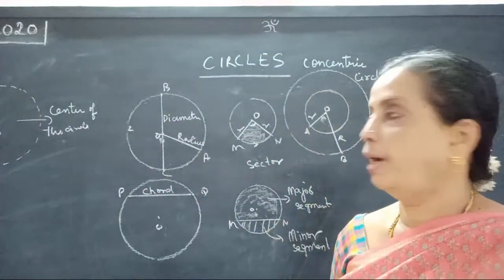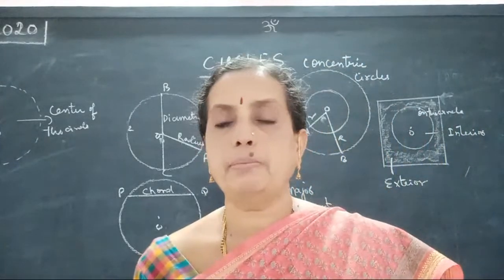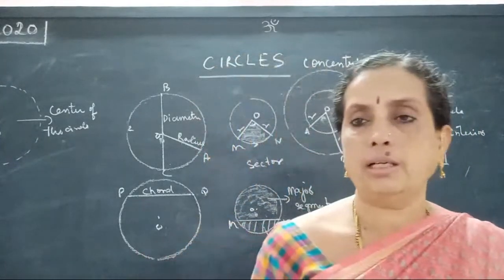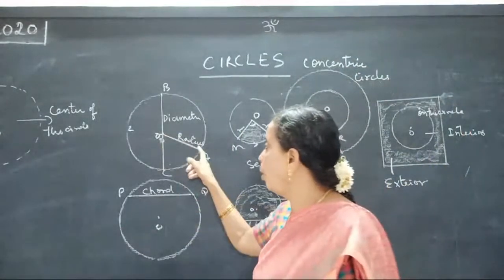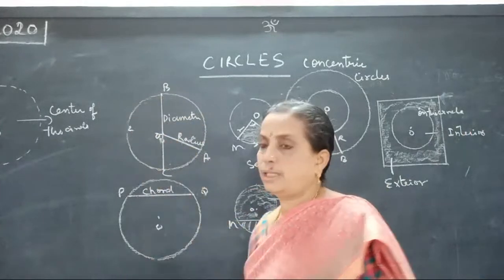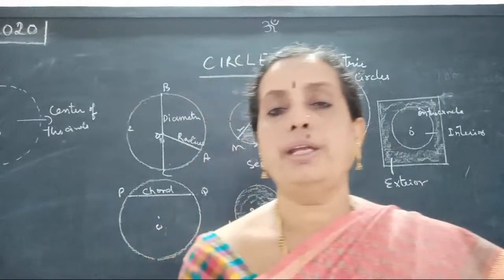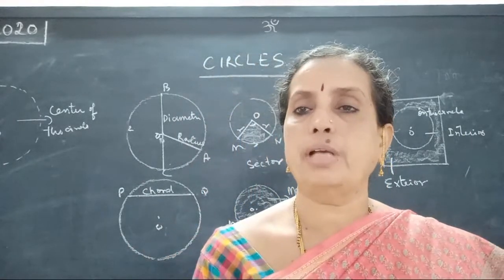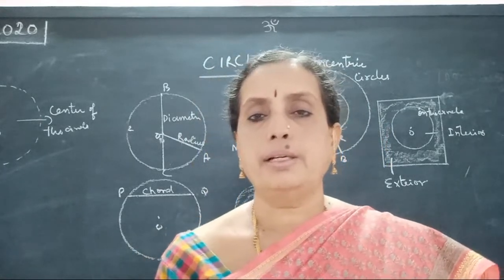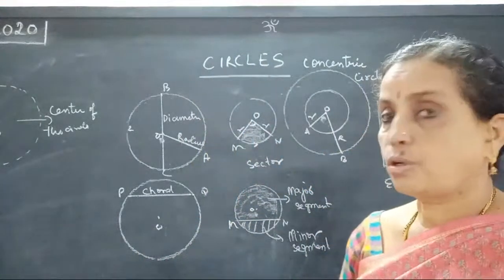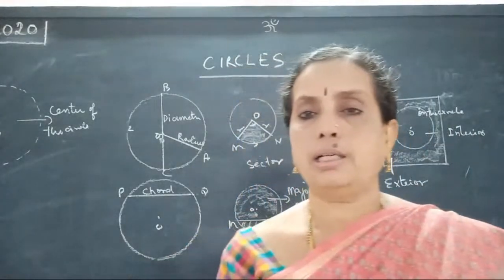We can divide the circle into two parts by drawing a diameter passing through the center, and the segment joining the center to any point on the circumference is a radius. We can draw infinite number of radii or diameters. The biggest chord of a circle is the diameter.